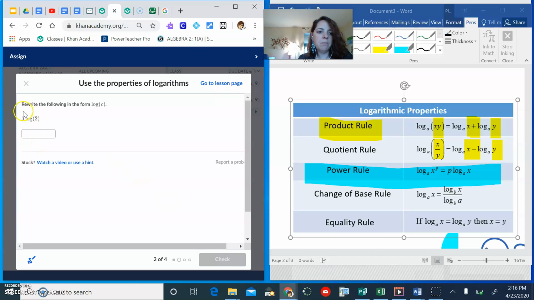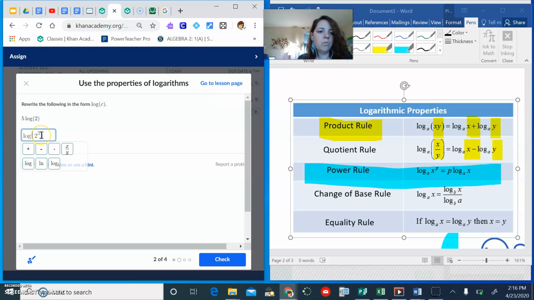All right, next one. I've got something multiplied out front. So if I look over here, that kind of looks like this guy, something multiplied out front. And that's my power rule. So I can take that P and pop it up in an exponent. I'm going to take this 5 and pop it up in the exponent. But again, if I just type it like this, it's probably going to tell me I'm wrong.